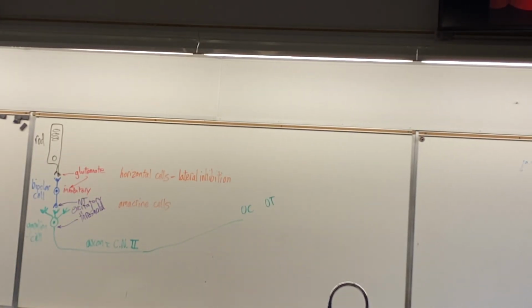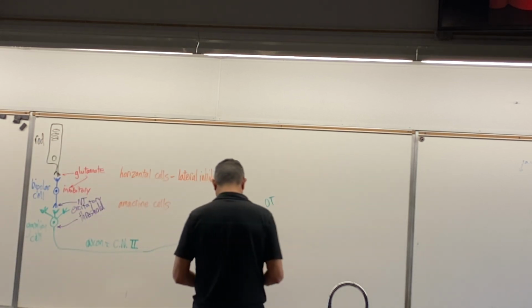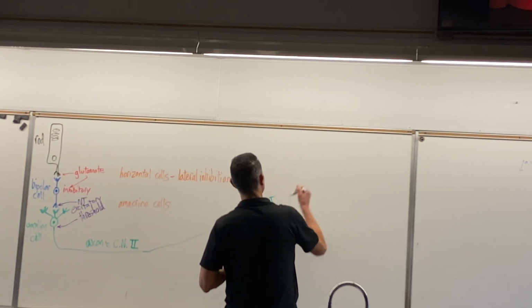What you need to know is that the optic nerve has all the signals from a single eyeball, but the optic tract has signals from both eyeballs because some of them cross at the optic chiasm. Not all, but some. So on either side of the brain, you're getting information from both eyeballs, and it's going to split once it enters the brain. So let's just call this the brain line here.